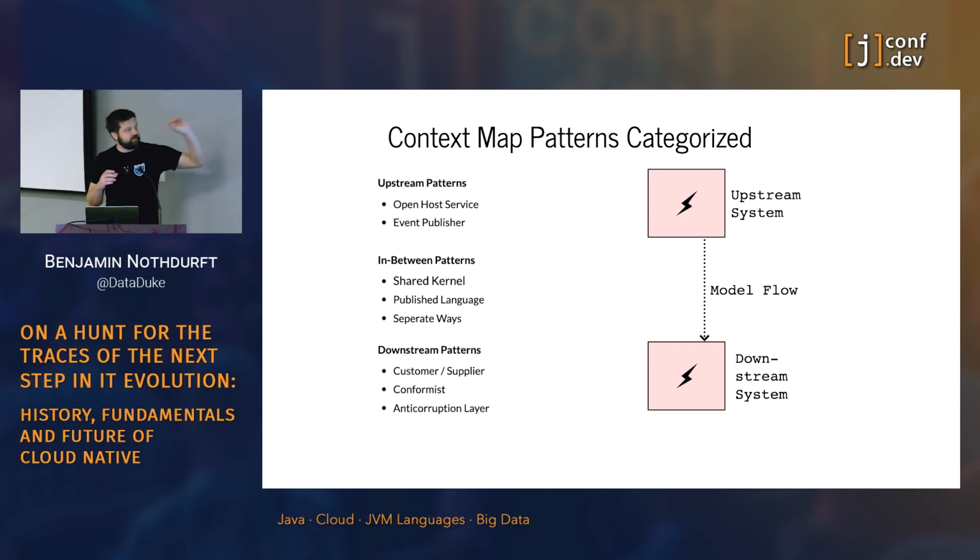there being an upstream system that is talking to a downstream system, and it gets from a request back a model, like a domain model. And there are different categorizations. So we have the upstream patterns, we have the in-between patterns, and we have the downstream patterns.